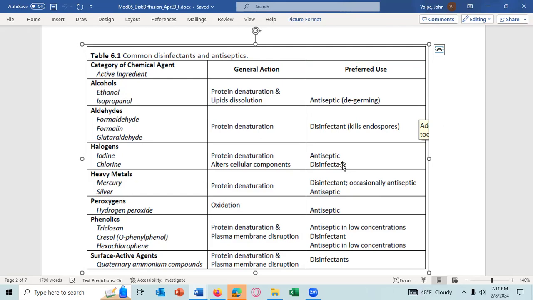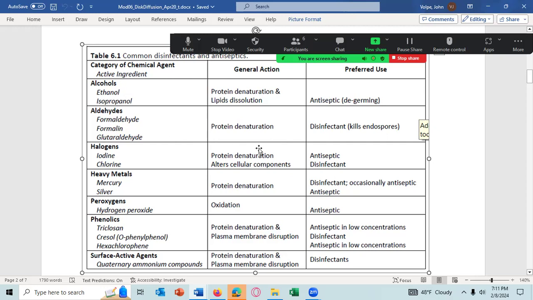Aldehydes, formaldehyde, formalin, and glutaraldehyde are actually very good disinfectants. They're one of the few groups of disinfectants that actually kill endospores. The other group of disinfectants that kill endospores are peroxygens, like hydrogen peroxide.